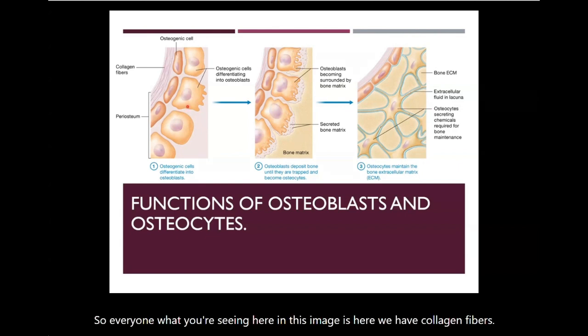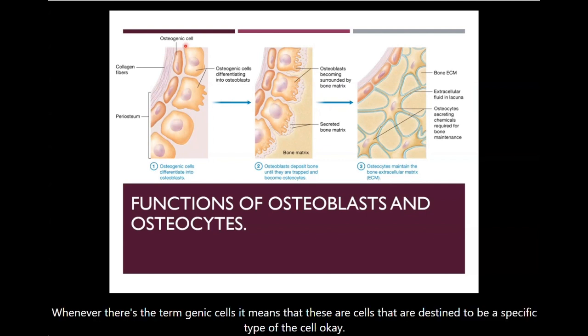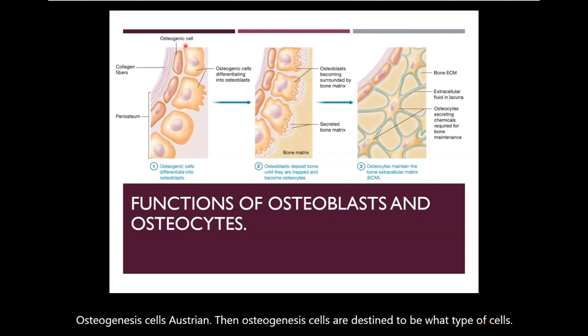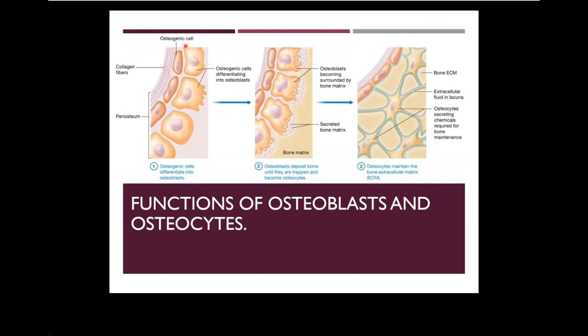So everyone, what you're seeing here in this image is, here we have collagen fibers, right? So here we have osteogenic cells. Whenever there's the term genic cells, it means that these are cells that are destined to be a specific type of cell. Okay, osteogenic cells, osteon, then osteogenic cells are destined to be what type of cells?